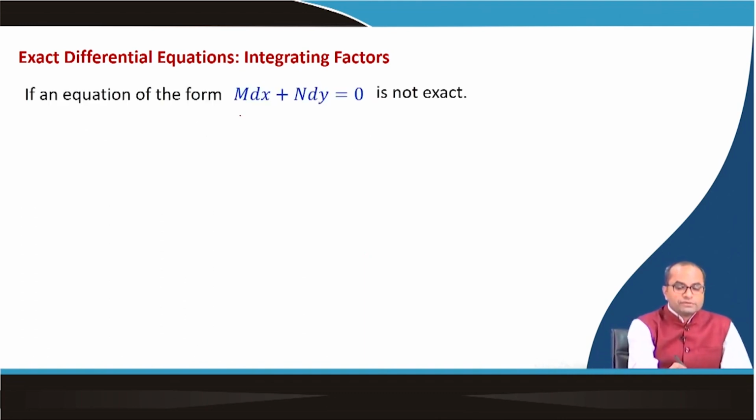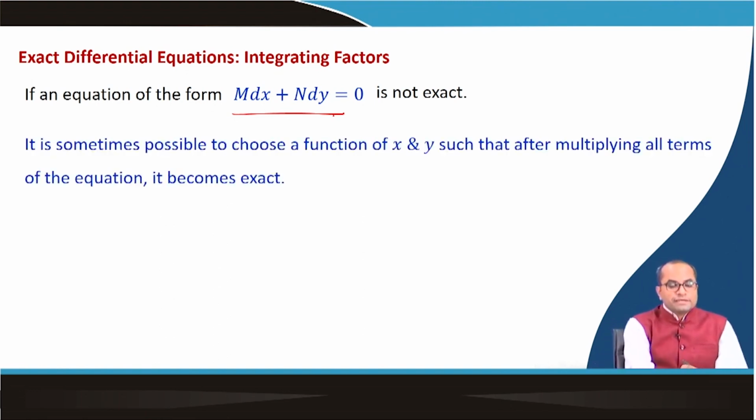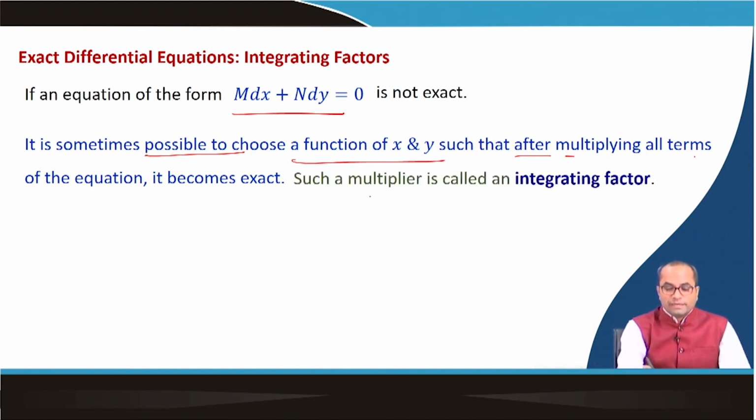If an equation of this form M dx plus N dy is equal to 0 is not exact, it is sometimes possible to choose a function of x and y such that after multiplying all the terms of the equation it becomes exact, and such a multiplier is called an integrating factor.